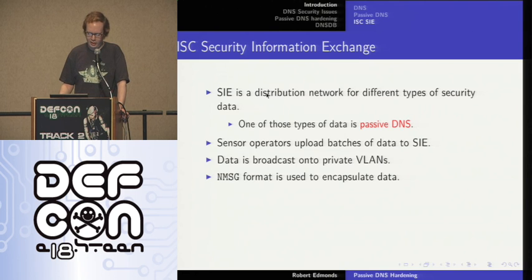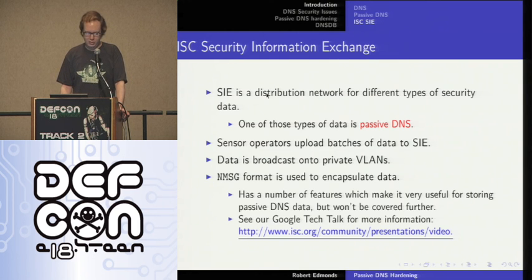So for instance, instead of storing a flat stream of packets like your typical PCAP file, we embed both the query and its corresponding response into a single message, which we can then process as a unit, rather than groveling through an entire PCAP file. And we don't really need to cover NMSG anymore, but you can see our Google Tech Talk, where we describe just that format at that URL.